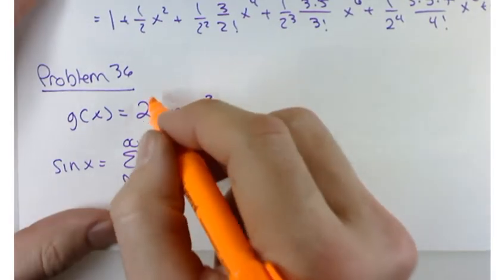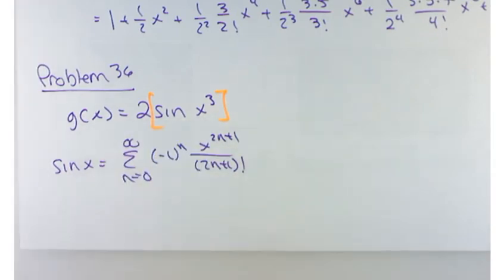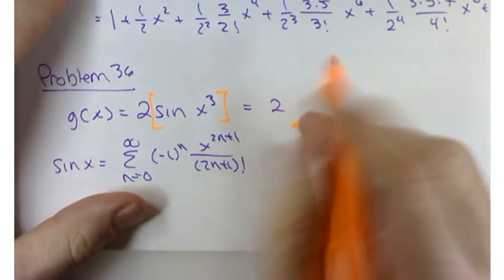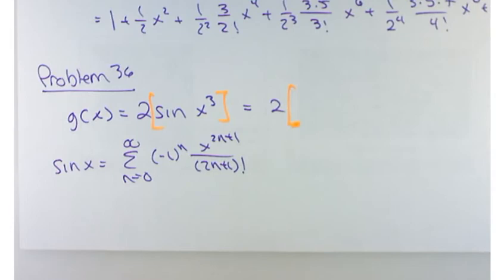So one thing I can do is realize I need twice some series. So it's going to be twice of something. See if you can figure out the rest of it. What are you going to do?